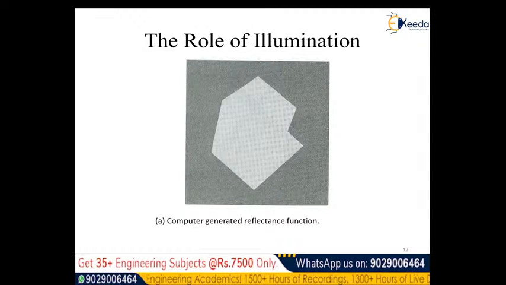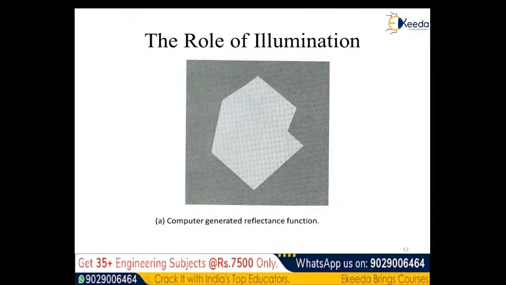Now corresponding to this reflectance function, as we can visualize on the digital screen, we can have the plot of the frequency of occurrence of the pixel intensities versus the gray levels. So it will obviously be the histogram.